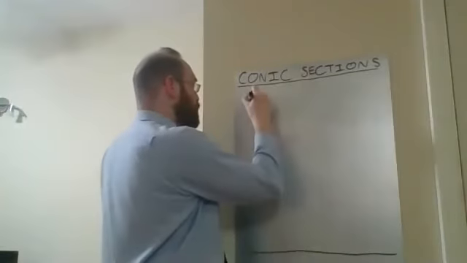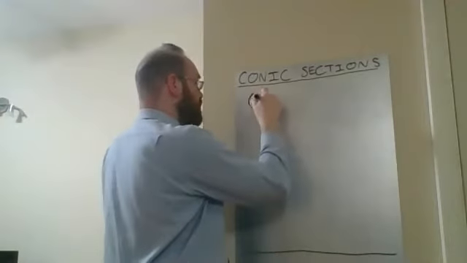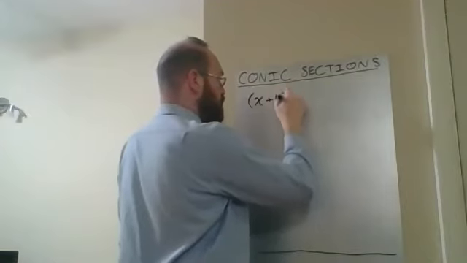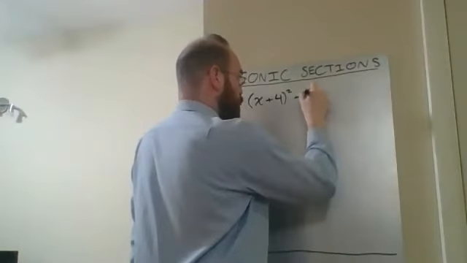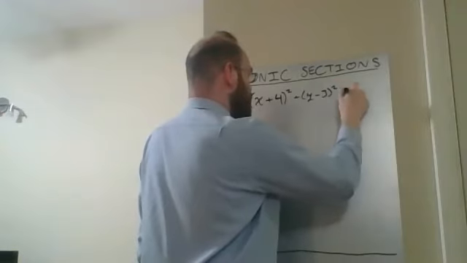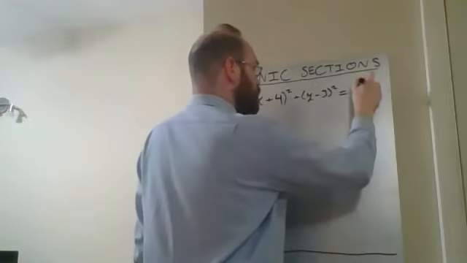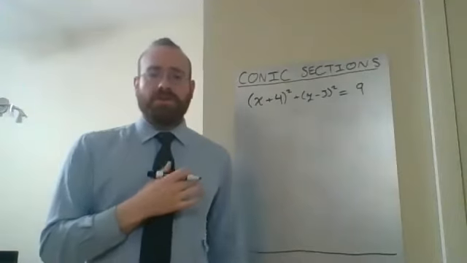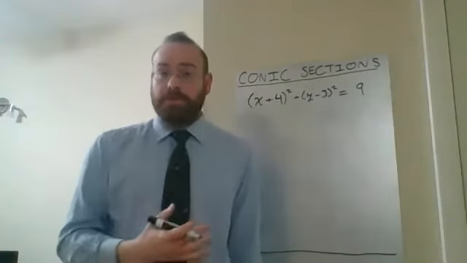I'm just randomly going to make up some numbers. Let's do (x + 4)^2 + (y - 3)^2 = 9. And so this is our equation, but we want to be able to graph it.